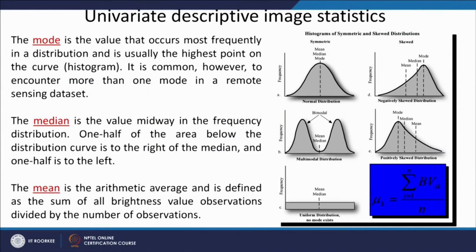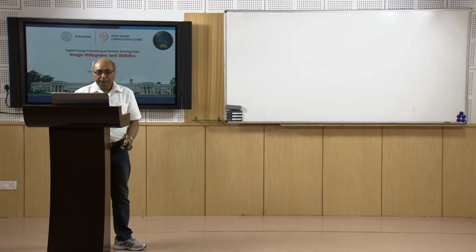And the mean is the simple arithmetic average, defined as the sum of all brightness value observations divided by the number of observations, which are displayed here. So basically this brings to the end of this discussion on how histogram, bivariate plot and LUTs can be used before we go for serious image enhancement techniques.